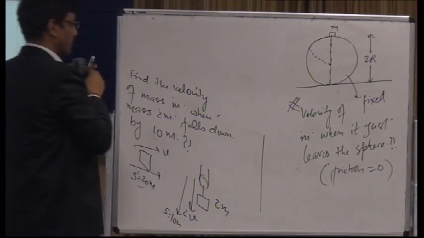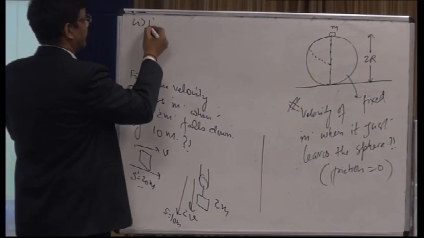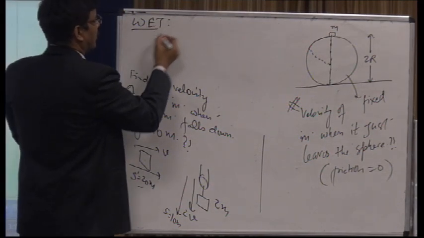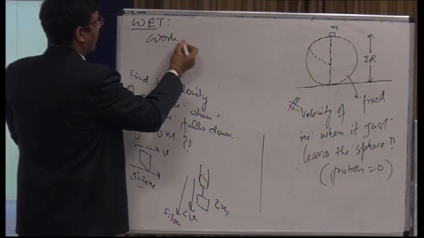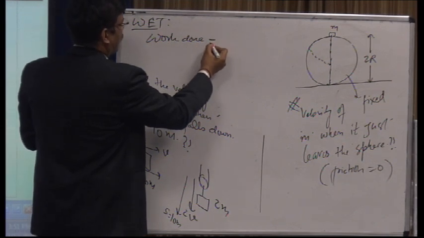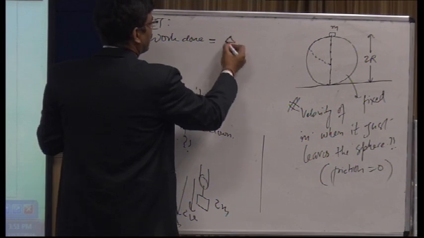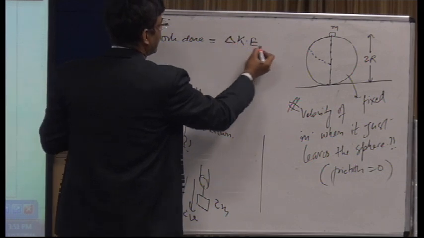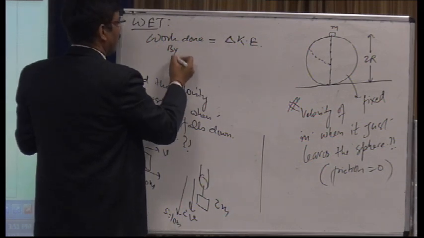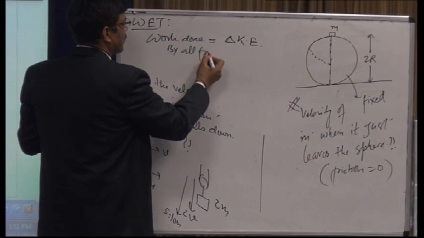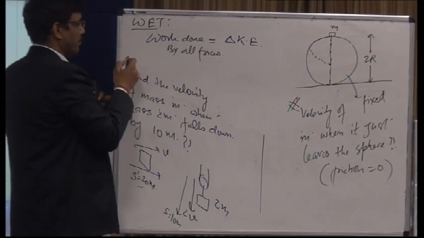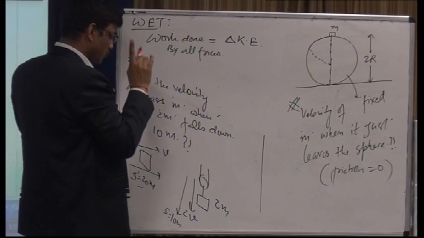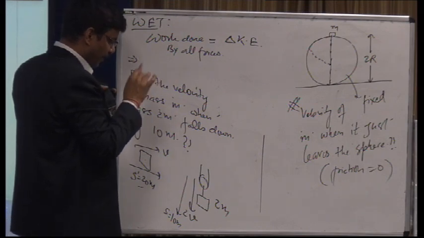As far as the work energy theorem is concerned, work done by all forces is always equal to delta K, that is change in kinetic energy. I told this in my previous class. There are two forces doing work only, friction and gravity.